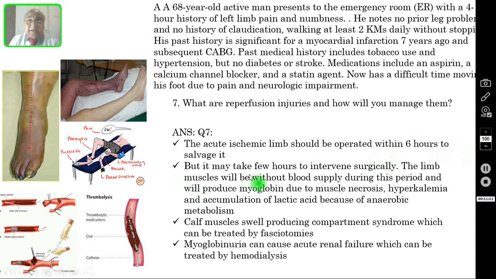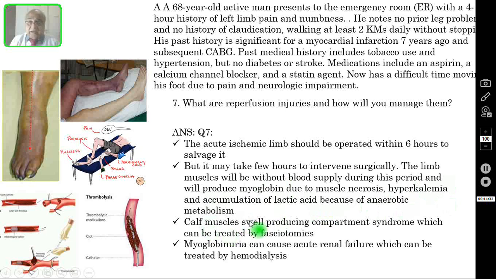But it may take a few hours for us to intervene surgically. The limb muscles will be without blood supply during this period and will produce myoglobin due to muscle necrosis, hyperkalemia and accumulation of lactic acid because of anaerobic metabolism.